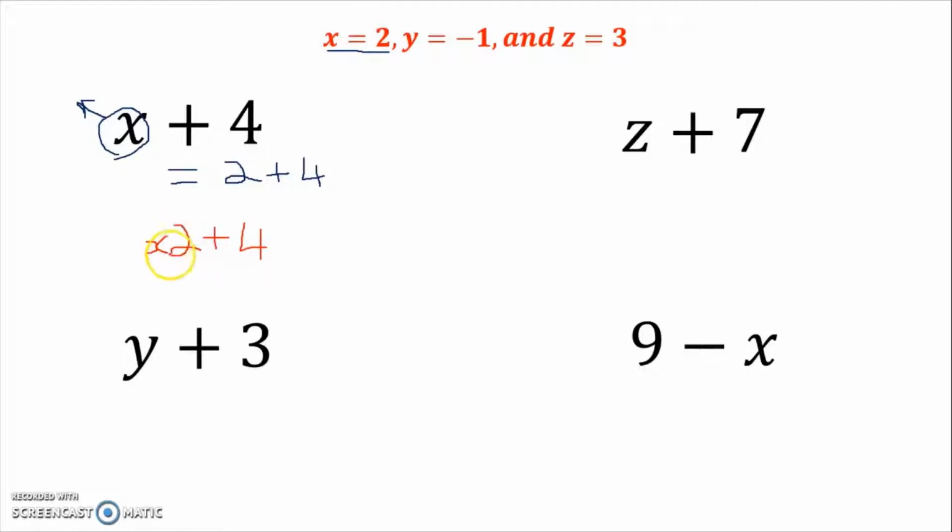When you sub the player, the one on the field must leave for the other player to come in. Both of them cannot be on the field at the same time. The same goes with algebraic substitution. If you notice here, both the x and the 2 are there. That cannot be happening. That's why the x has to go for the 2 to come in.